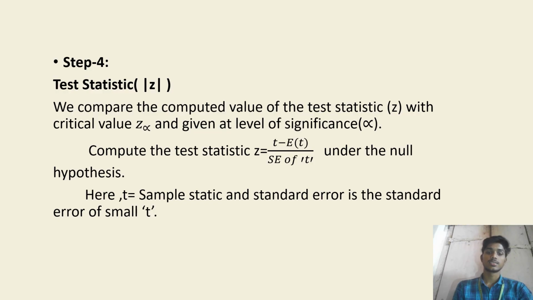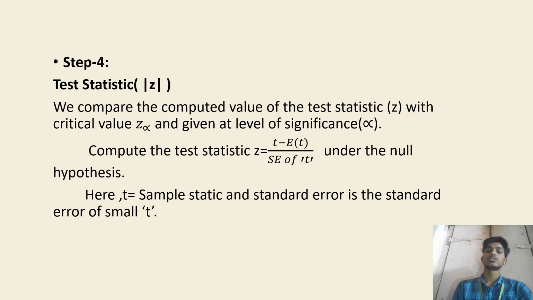Test statistic. It is indicated by modulus of Z. We compare the computed value of the test statistic Z with the critical value Z alpha given at level of significance alpha. Compute the test statistic.